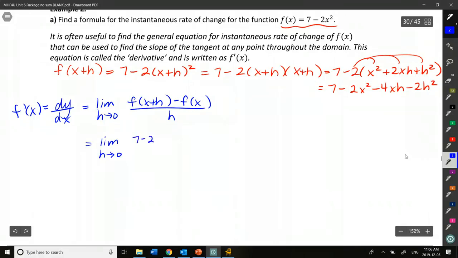So we're going to enter in f at x plus h, which we just calculated above. And we're going to subtract f at x.